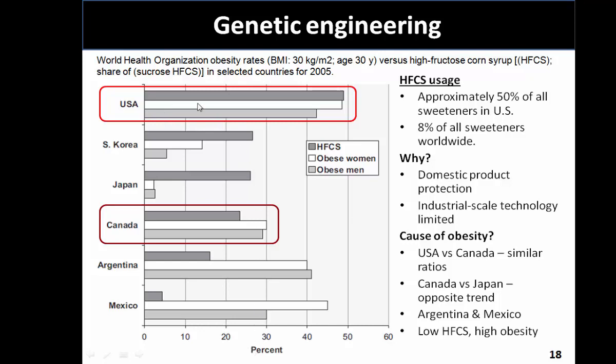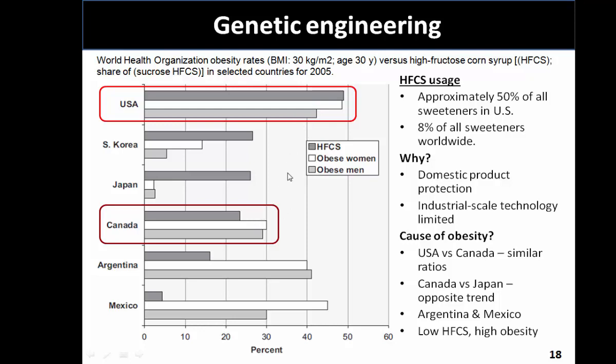We see that in the United States, in the very dark gray shaded bar, high fructose corn syrup is approaching that 50%. Here in Canada, it's approaching 25%, so it's quite a bit lower in Canada. But we also see that the obesity rates are also lower in Canada.